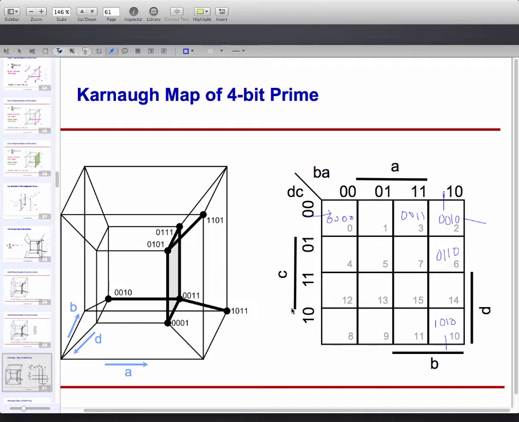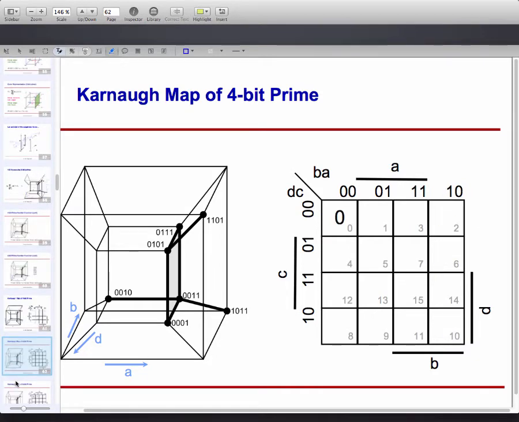Same thing for rows. So the game that we did earlier on in terms of merging edges and faces, I can do the same kind of thing on this array, but it's easier to draw than trying to draw that four-dimensional cube. So let's see how that plays out.